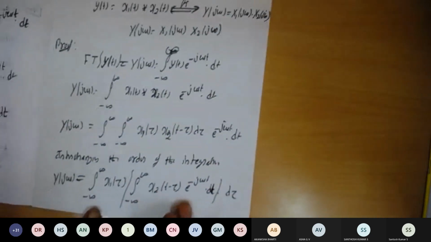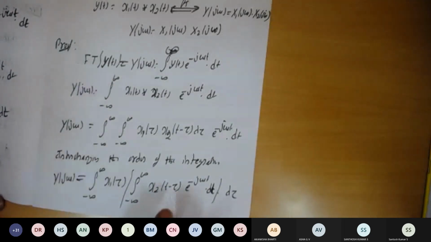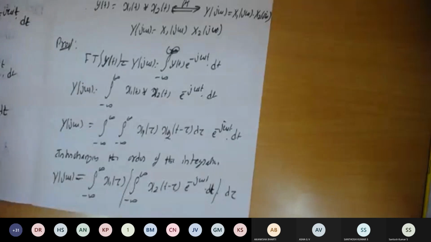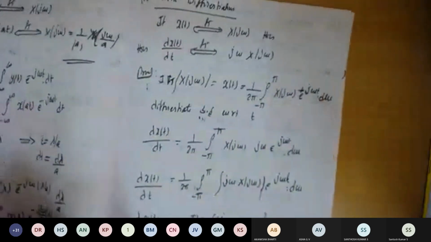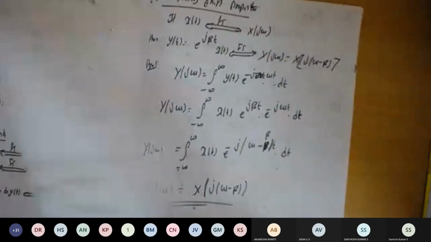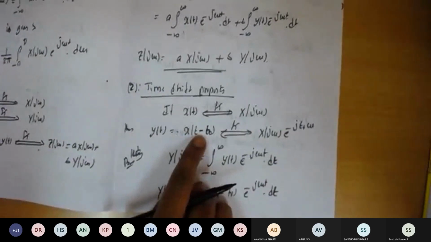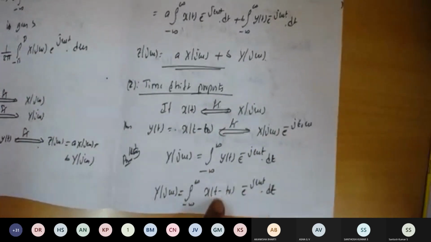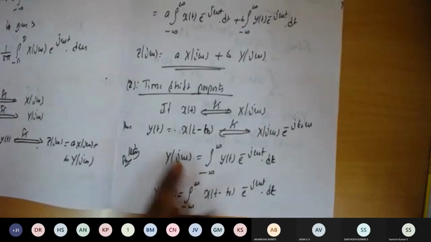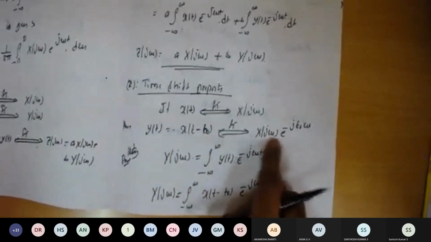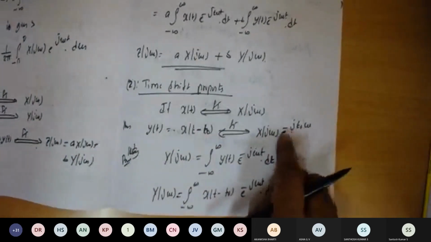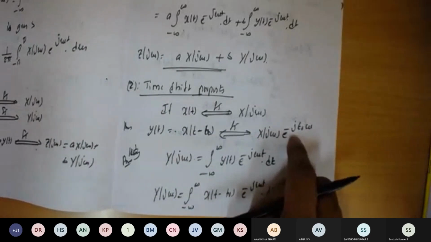Now this is similar to the time shift property we have seen. It is equivalent to x2 of j omega into e to the power of minus j tau omega. Let me recall the time shift property we saw just before: a shift in the time domain, x of t minus t naught, is x of j omega into e to the power of minus j omega t naught, the corresponding shift becoming the exponential term.